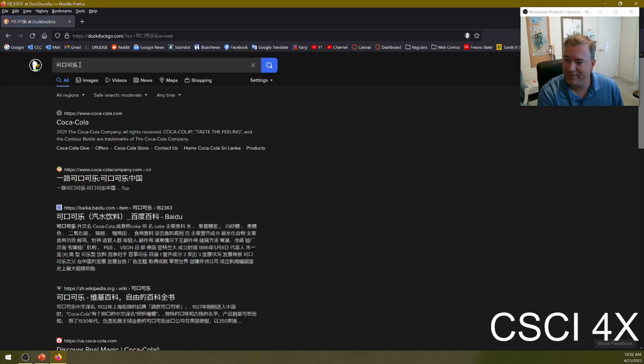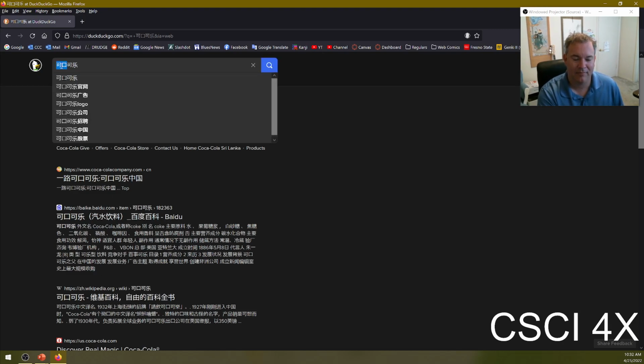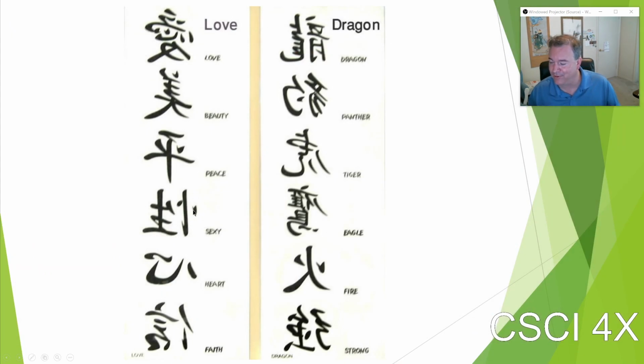Coca-Cola, right? And it means like, easy on the mouth or something like that. It's a phonetic translation, but it also has this really great meaning, tastes good and is easy on the mouth or whatever. So they usually put together multiple characters these days. They usually don't invent new characters.